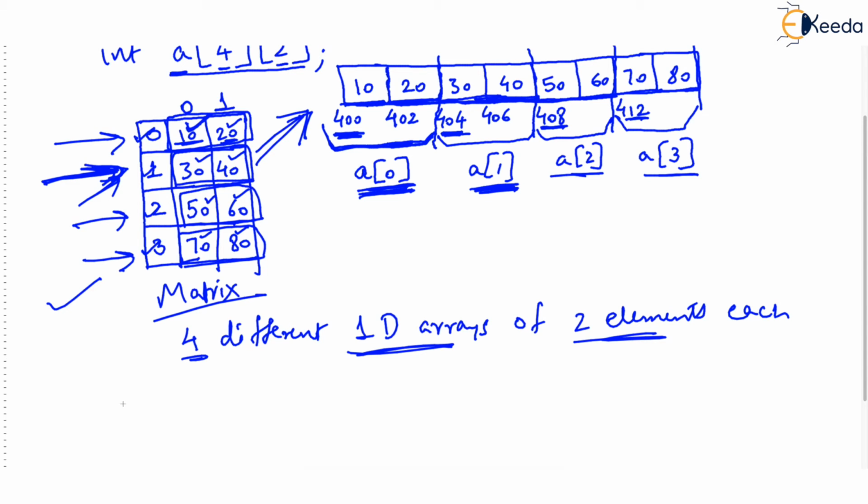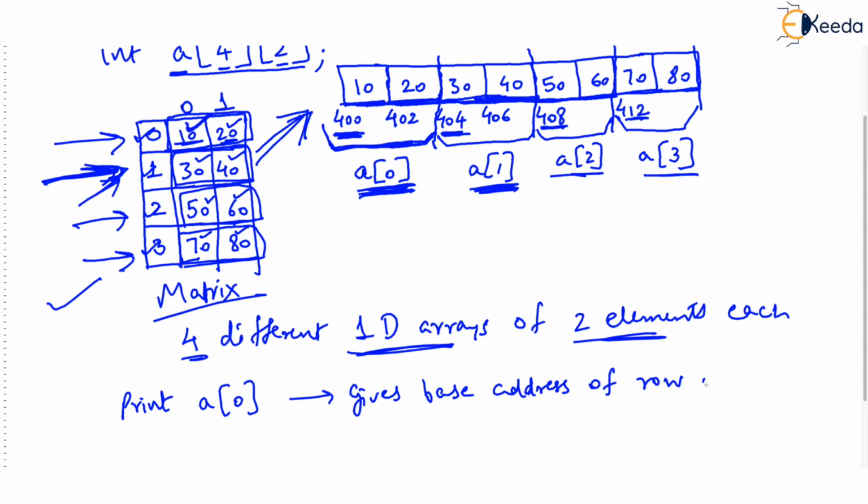First thing, what will happen if I write print A0? This gives base address of row 0. So what will happen if I write print A1? This will give base address of row 1.